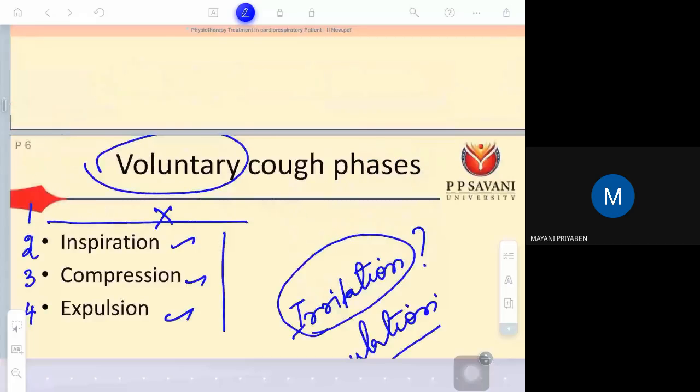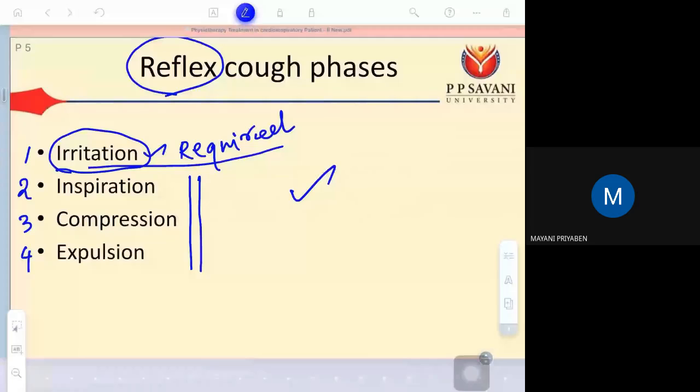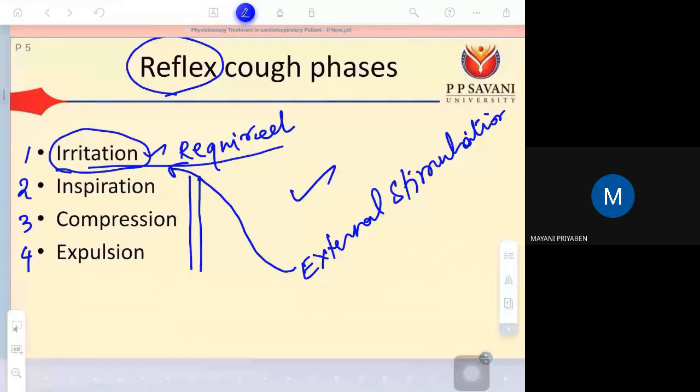In reflex cough, there is therapist or external stimulation. Irritation is otherwise called an external stimulus. External stimulation is required, which is called irritation, to initiate the cough.